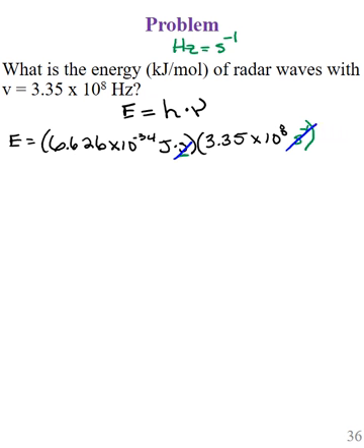Okay, multiply through. I should get 2.22 times 10 to the negative 25th. This is how many joules there are in one photon.